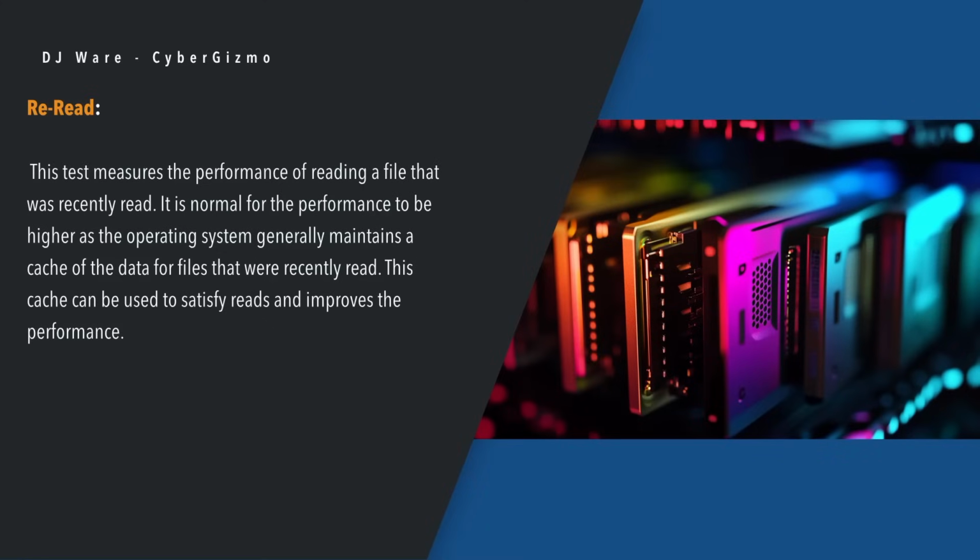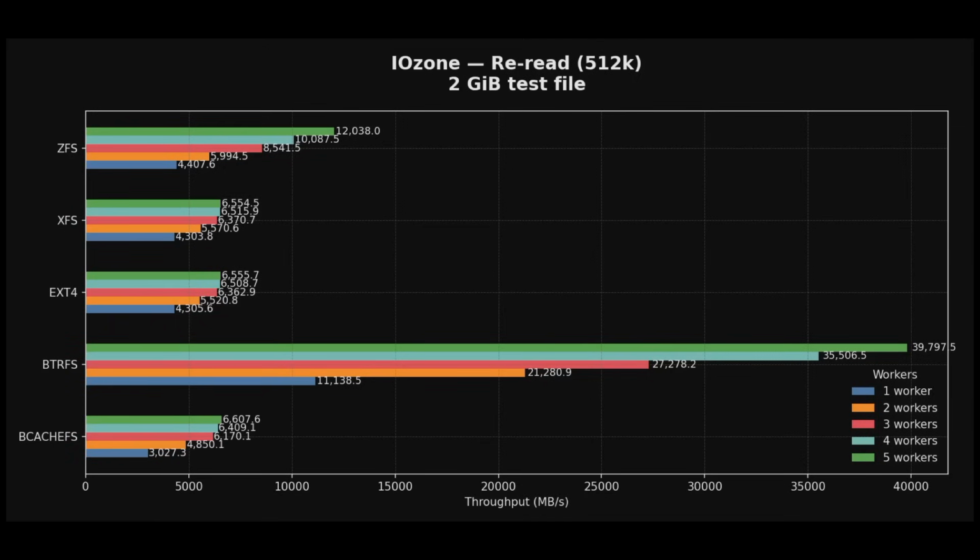The rereads: this is just me rereading the file over and over again. So in this case, ZFS drops back a little bit, but Btrfs somehow managed to push this to 40,000, which is even faster than standard memory. So obviously some of that could be memory.